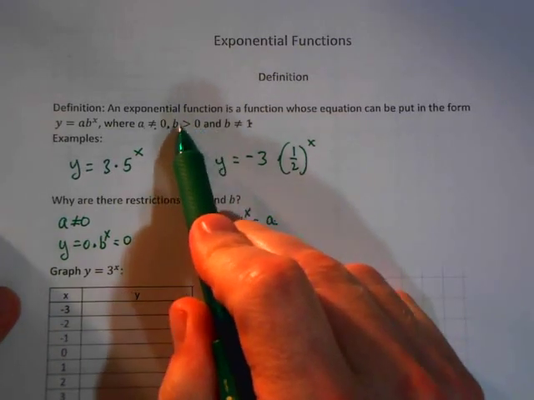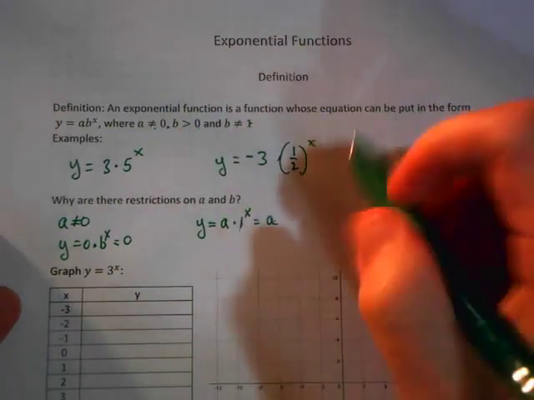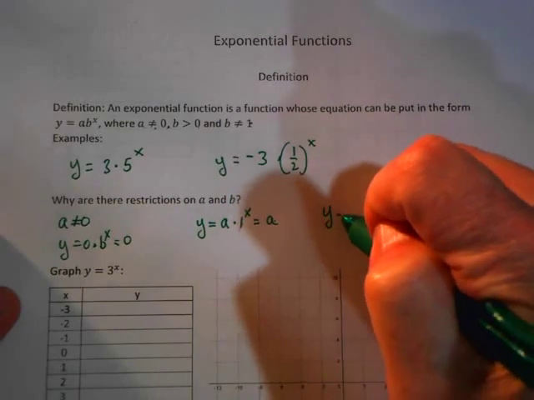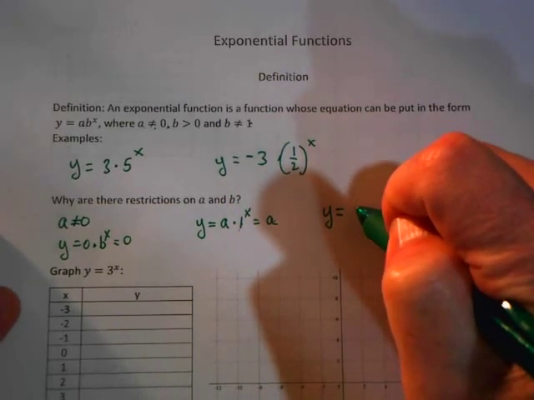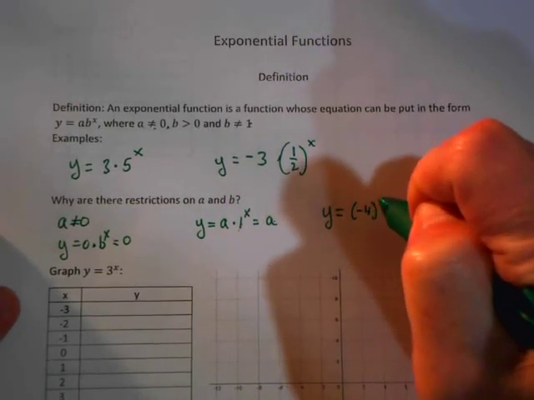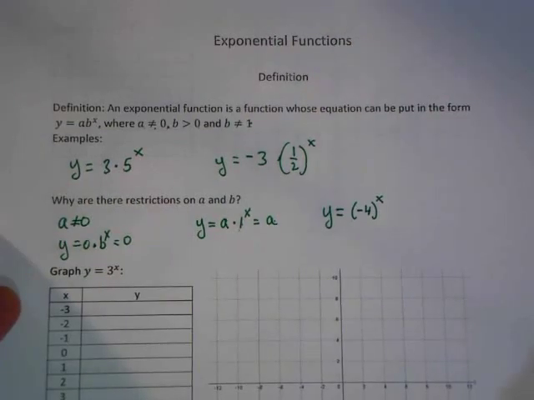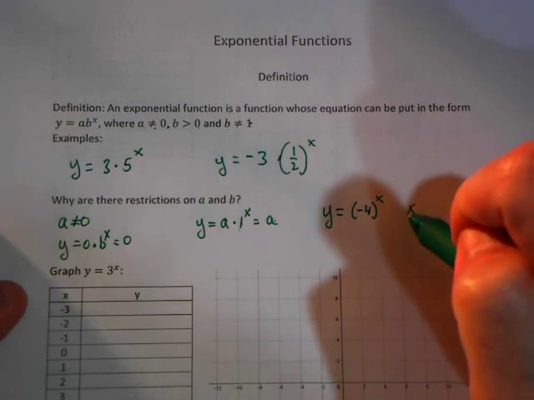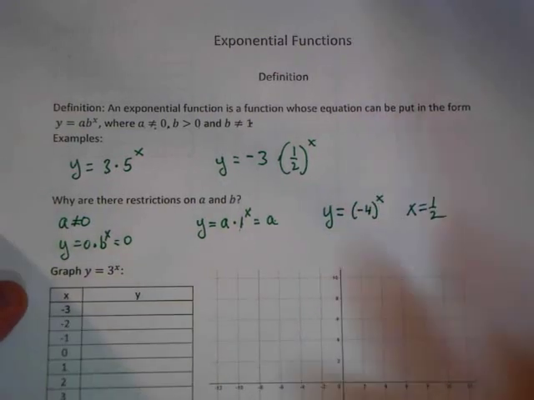Now, b has to be positive. That one's a little bit harder, but not much. Let's say b is negative 4 and a is 1. So let's say we have y equals negative 4 to the x. The problem here would be if we tried to plug in a number like x equals a half.